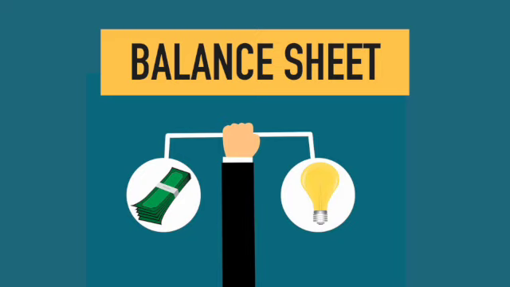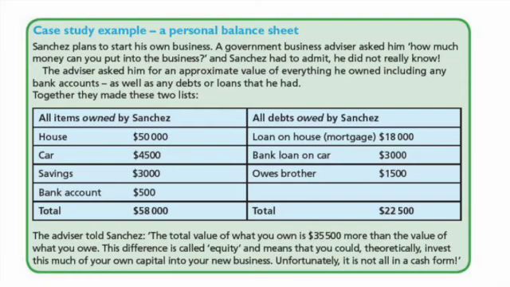Sometimes that's why it's referred to as a snapshot of the organization's financial situation. Snapshot because it's almost like taking a picture. It doesn't show you any changes throughout a period of time, it just shows you the situation at the given moment.